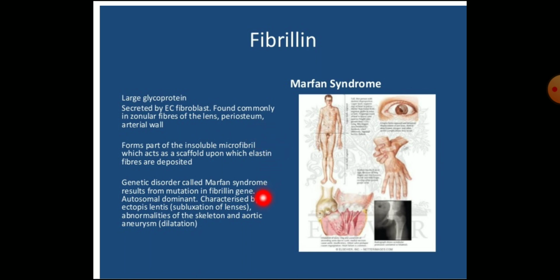Then abnormal maturation of the skeleton and aortic aneurysm. When the walls of the aorta also have fibrillin which is not functioning properly, aneurysm, meaning dilatation of that part, occurs. Then there will be some abnormalities of the skeleton, like the Charlie Chaplin gait and everything, as in homocystinuria.